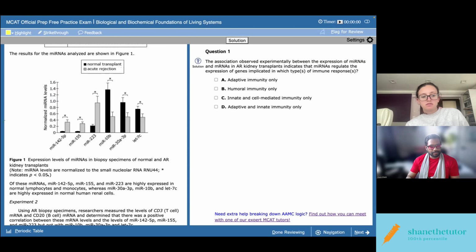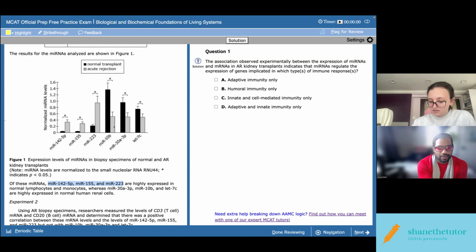It says right here that the first three are highly expressed in normal lymphocytes and monocytes, and that's associated with the normal transplant, and then highly expressed in normal renal cells. In the chart, these first three microRNAs have an association with AR, which is acute rejection, and the other three microRNAs will be in normal transplant. Okay, good.